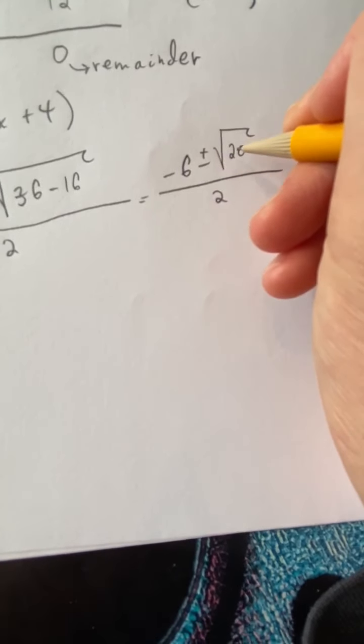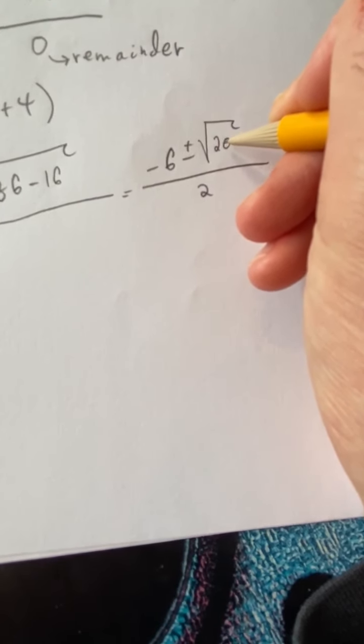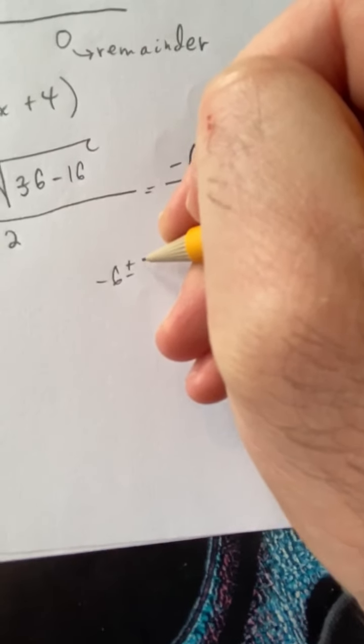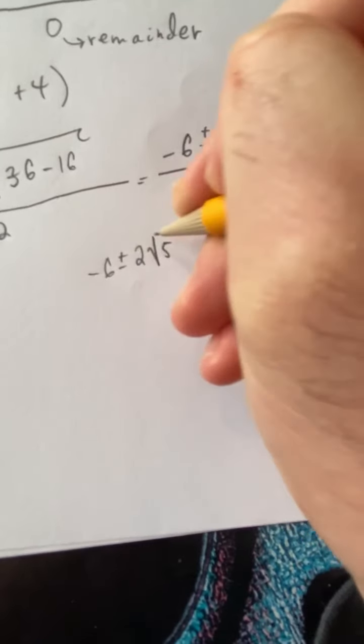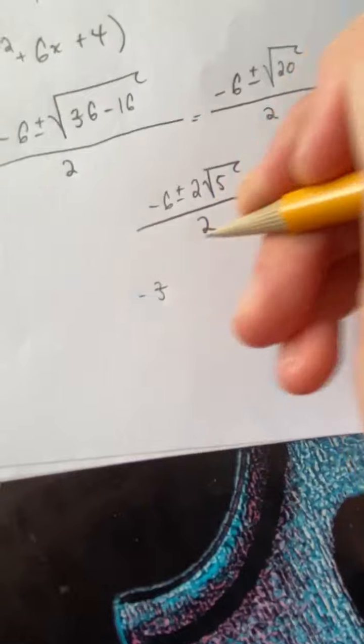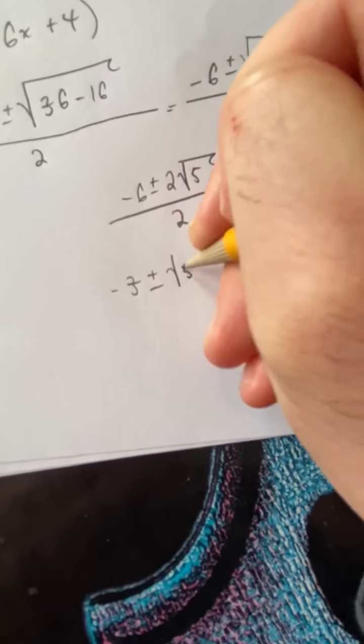And from here we can rearrange this 20 a little bit. Remember, 20 is 4 times 5. So we'll have negative 6 plus or minus 2 radical 5 all over 2. Or we can divide that 2 all the way through. We have negative 3 plus or minus the square root of 5.